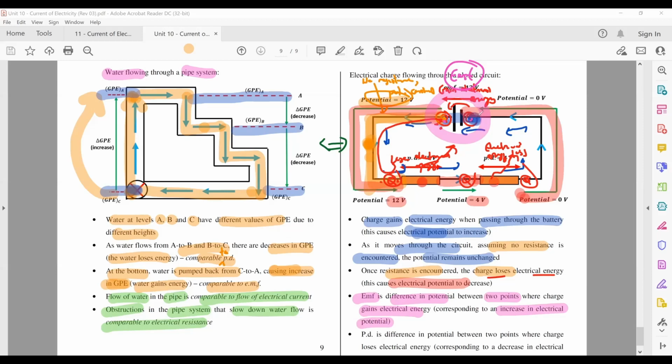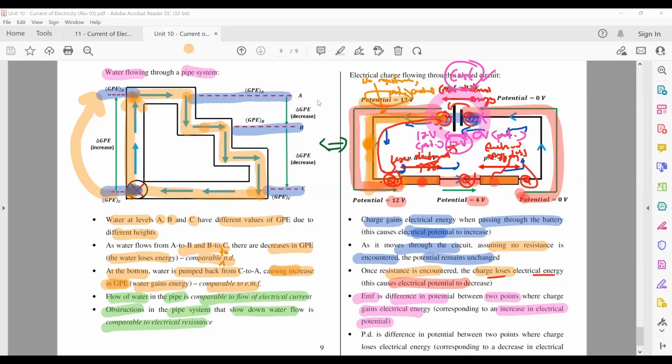Before your charge went through your battery, it was at 0 volts potential. But after it went through the battery, the potential increases because it gains electrical energy. So your potential could have increased to 12 volts. The difference between these two potentials is 12 volts. This is your EMF.